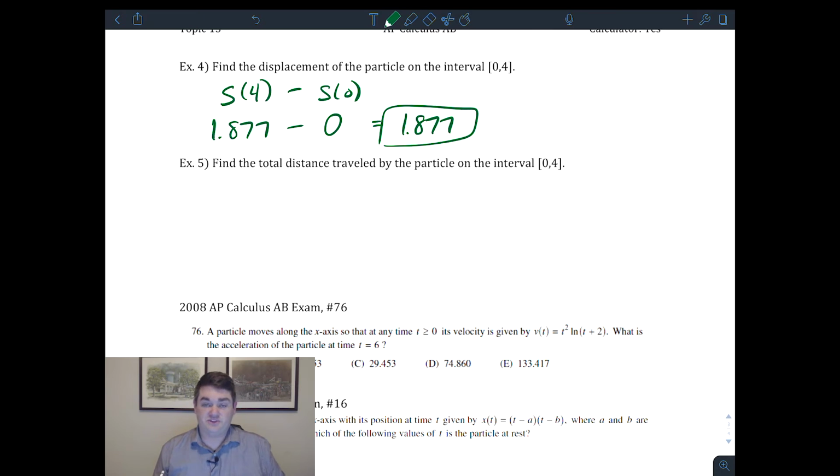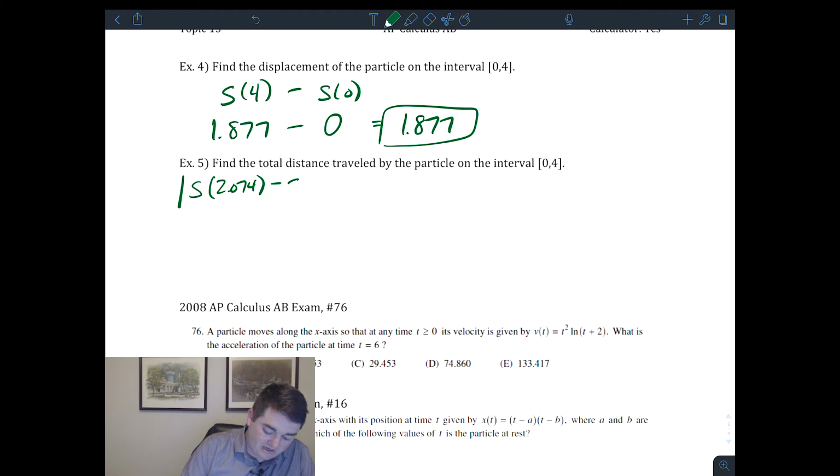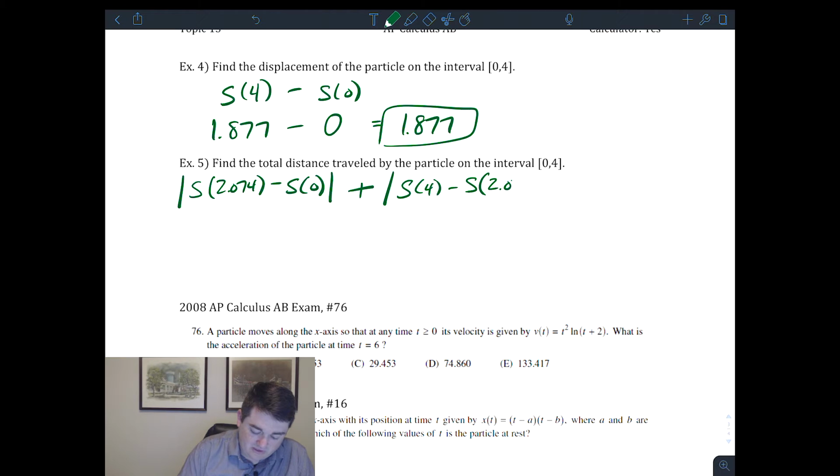So to find the total distance traveled, I need to find the displacement from 0 to 2.074, the displacement from 2.074 to 4, the positive displacement, and then add those two values together to get the total distance traveled. So I need the absolute value of s of 2.074 minus s of 0 plus the absolute value of s of 4 minus s of 2.074.